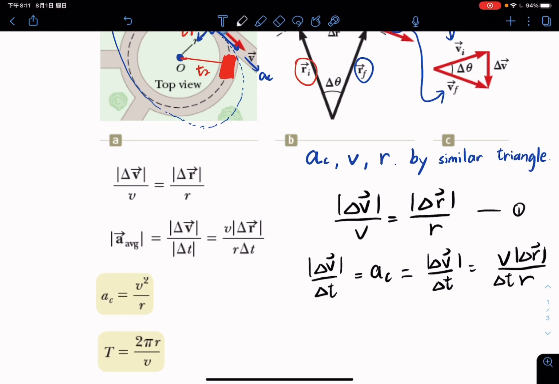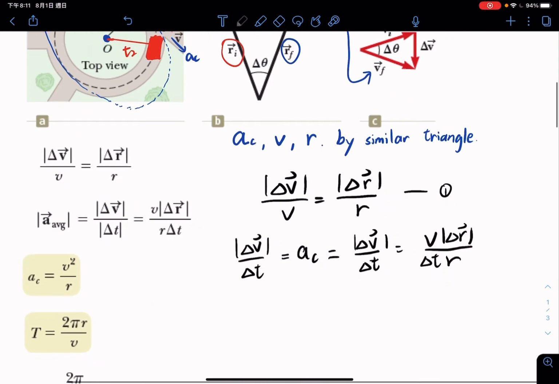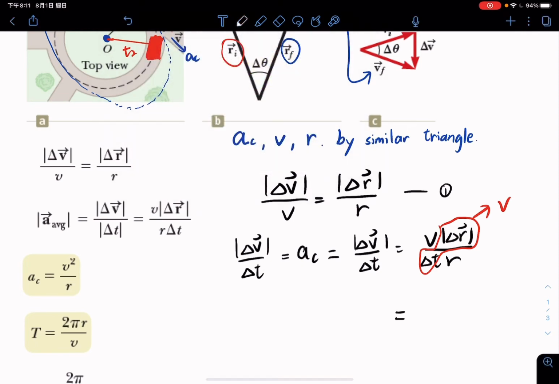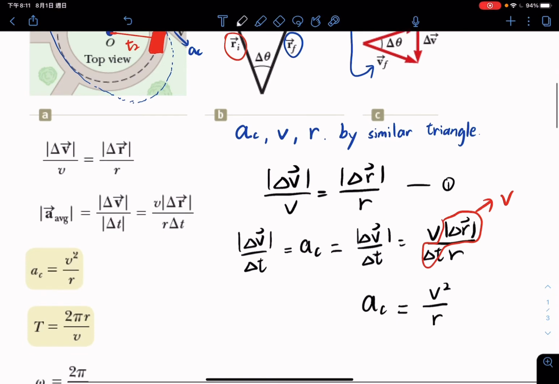If we do some math, here is v, and then we can get centripetal acceleration equal to v squared over r. Here is the relationship between centripetal acceleration, velocity, and r.